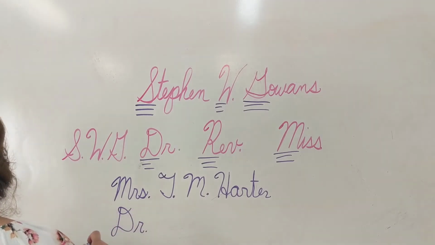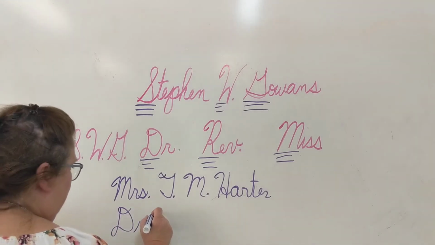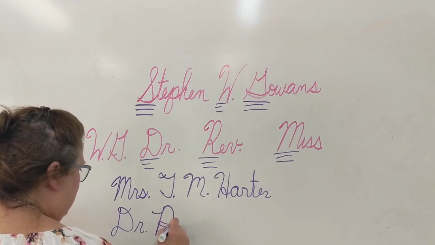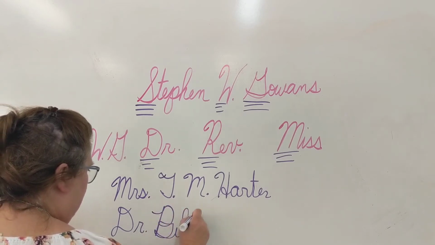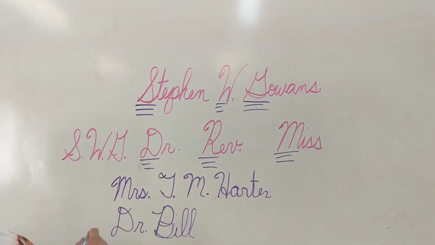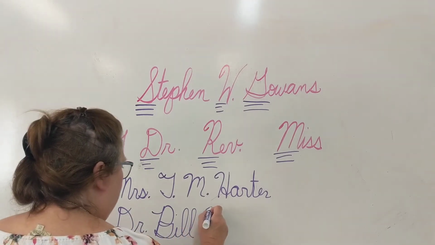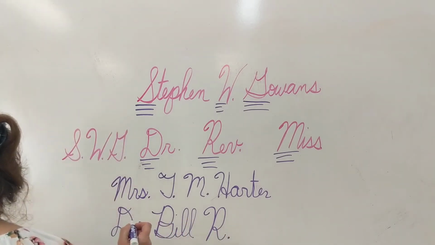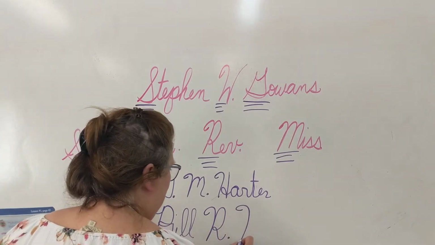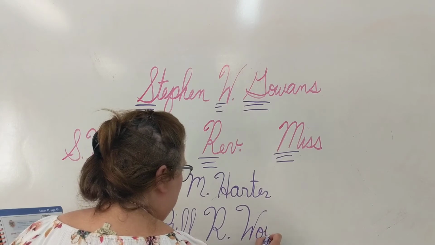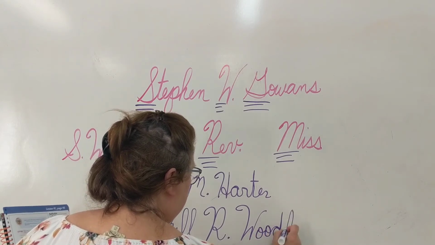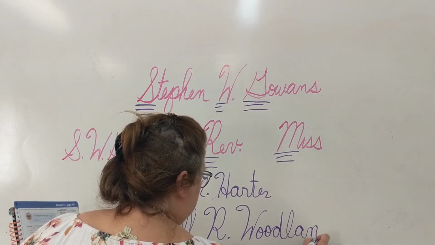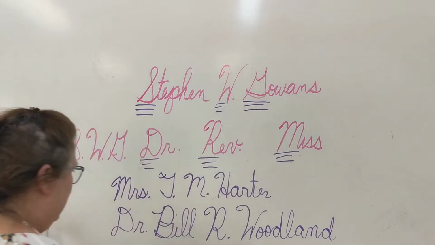D-R, period, so there's Dr. Bill, capital letter, that's his name. Now I see an initial, capital R, period, and his last name is Woodland, so we have to capitalize his last name.